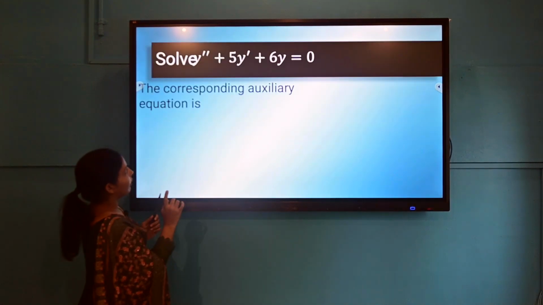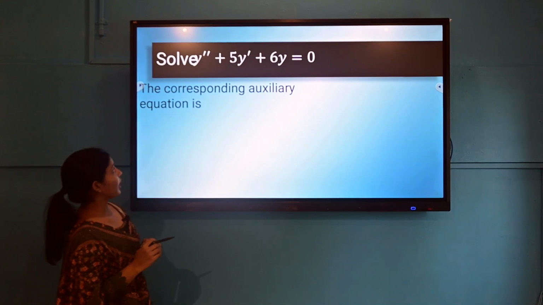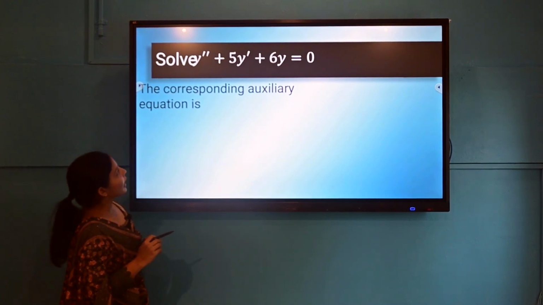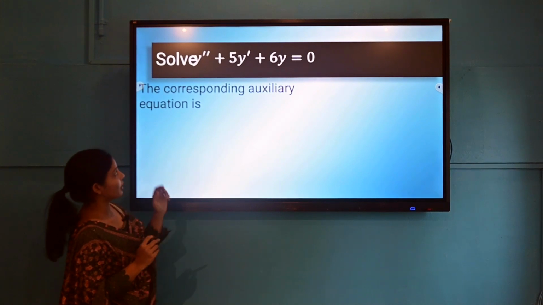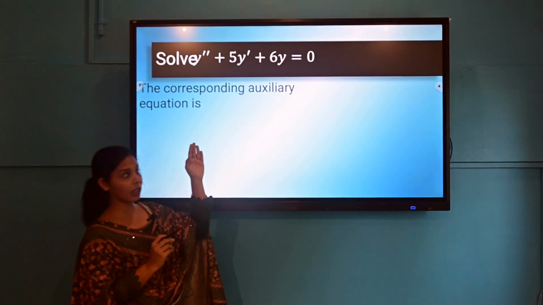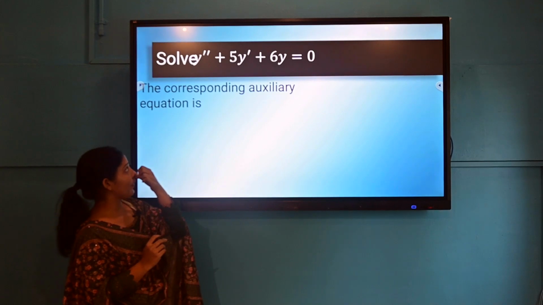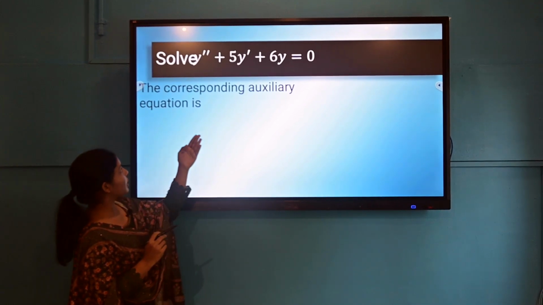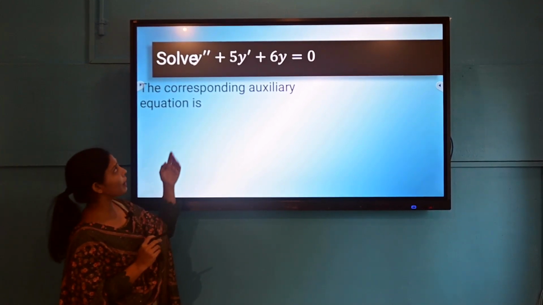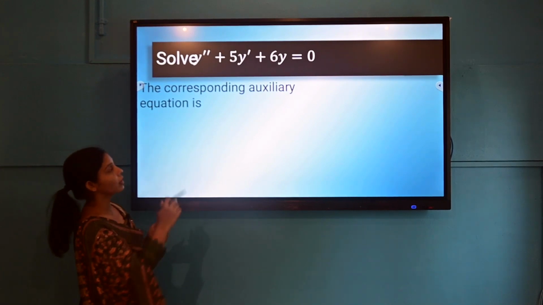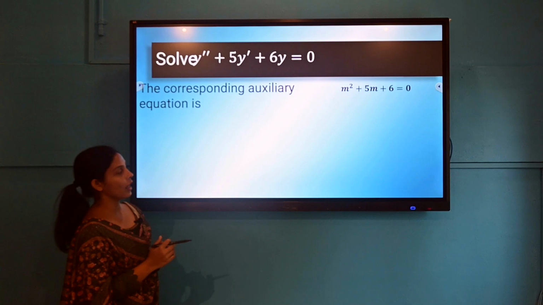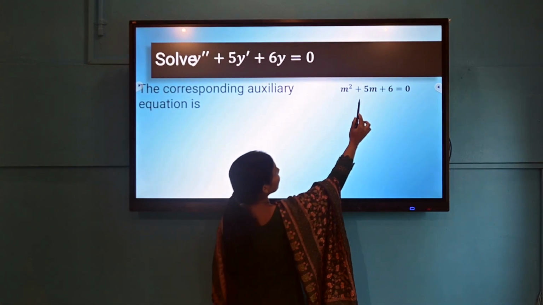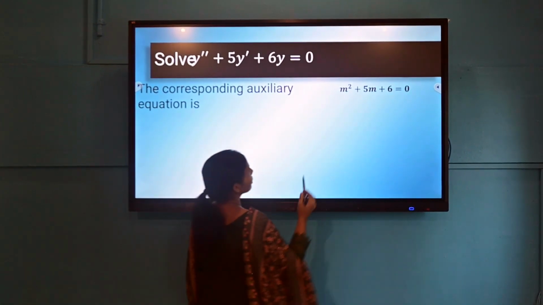Now we can solve the questions. First question, solve y double dash plus 5y dash plus 6y equal to 0. This is a second order linear differential equation with constant coefficient. The first step is to write the corresponding auxiliary equation. The auxiliary equation is m square plus 5m plus 6 equal to 0.